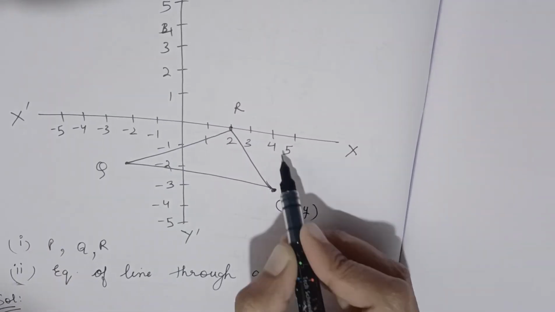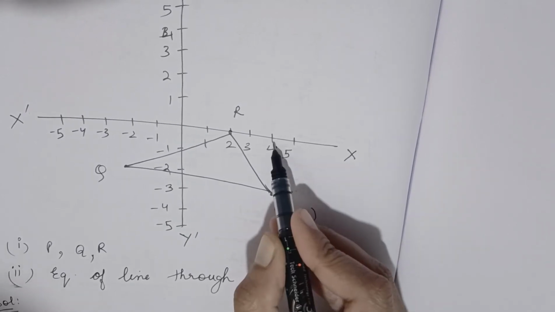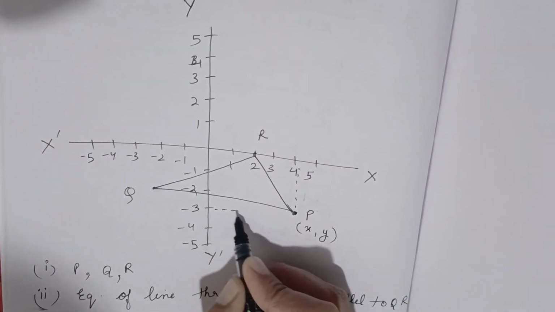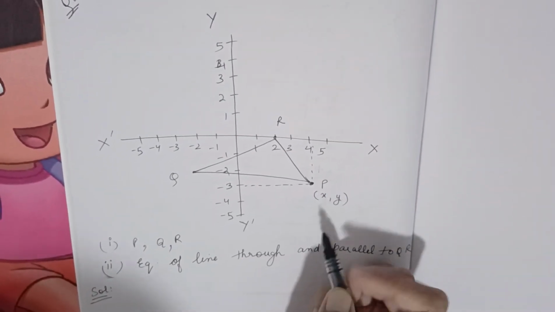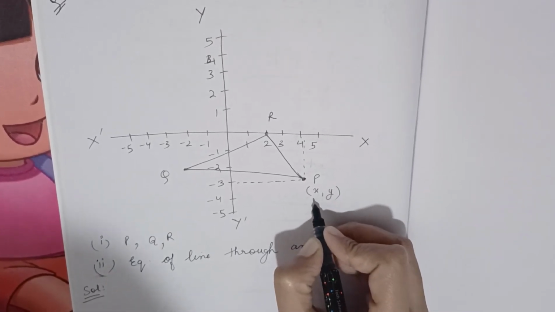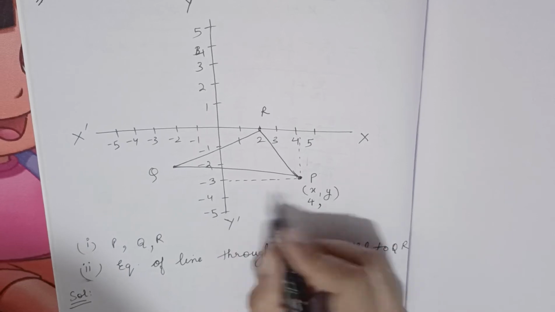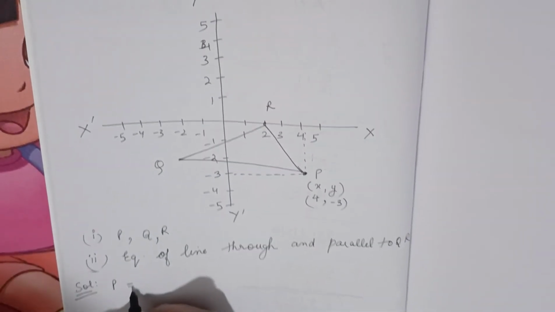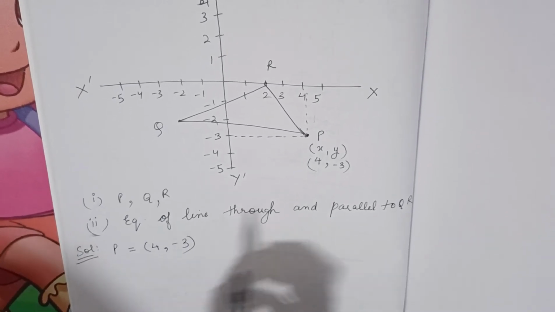If you see point P, it is opposite to 4 on the x-axis, and with respect to the y-axis, point P is opposite to -3. That means the value of x is 4 and the value of y is -3. So we have found the coordinates of point P. Here I'll write down 4, -3.